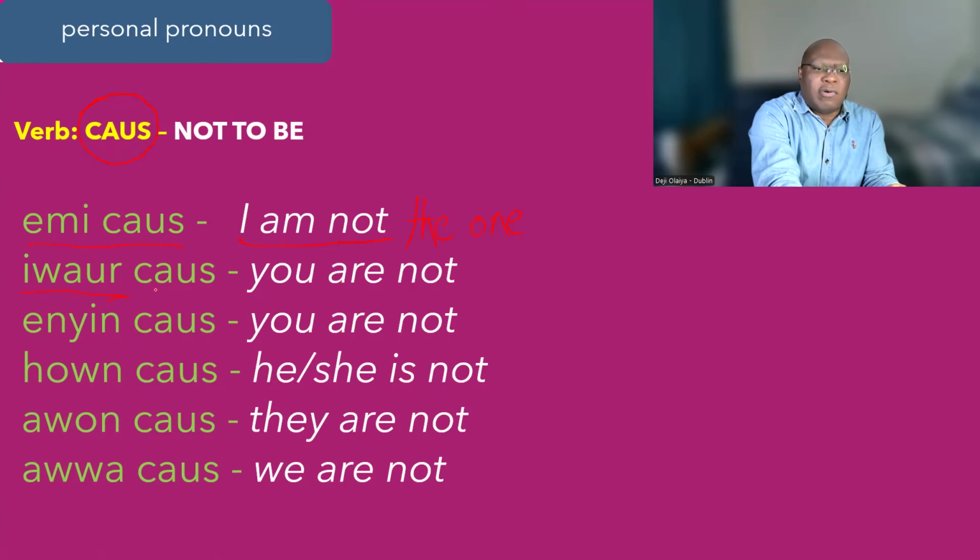Ìwọ kọ́, you are not the person. Then there is ẹ̀yin kọ́, which means you are not the person. But remember, the ẹ̀yin is for somebody who should be shown respect. Òun kọ́, he or she is not the person.